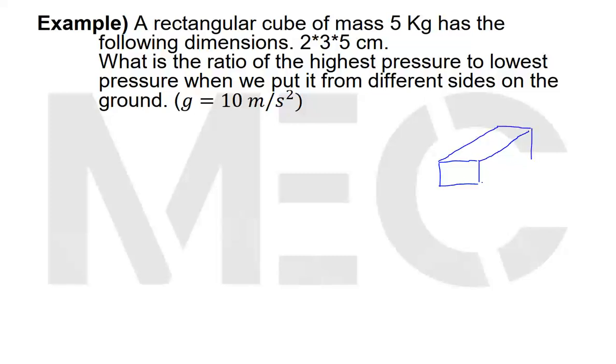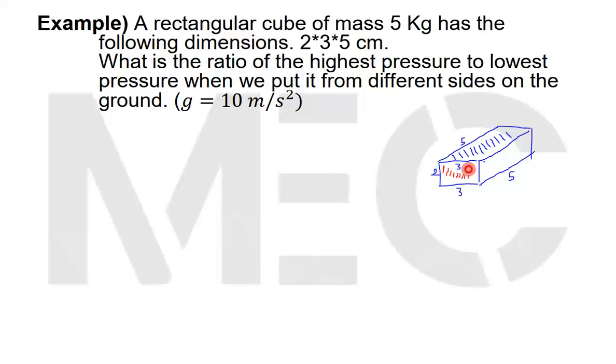This is 2, this is 3, and this is 5. We have 6 sides. The largest side is the top one, because the dimension is 3 times 5. And the smallest side is this side. Let me show it by red color. Here it is. This is the smallest side.